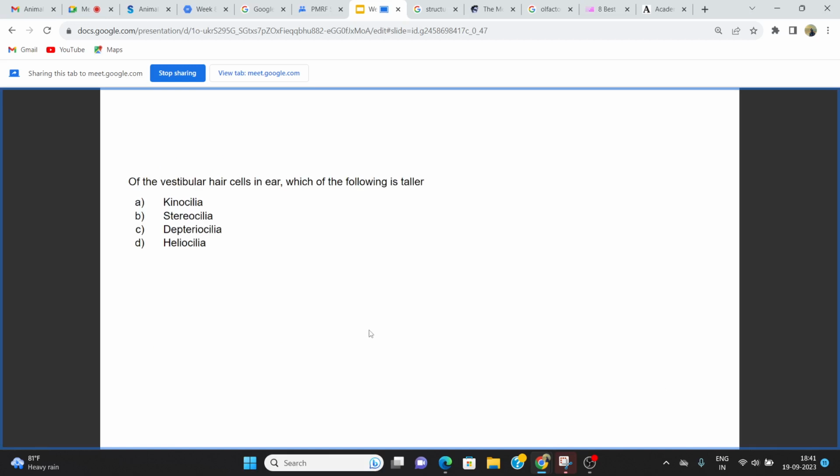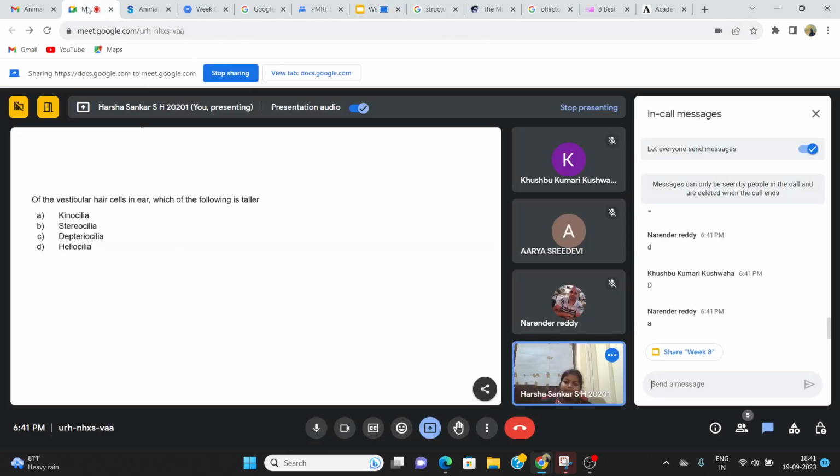Of the vestibular hair cells in ear, which of the following is taller? Which is the taller hair cell part? Kinocilia, stereocilia, dipterocilia, heliocilia. Narendra replied. Kushbu replied. Arya, you can guess.